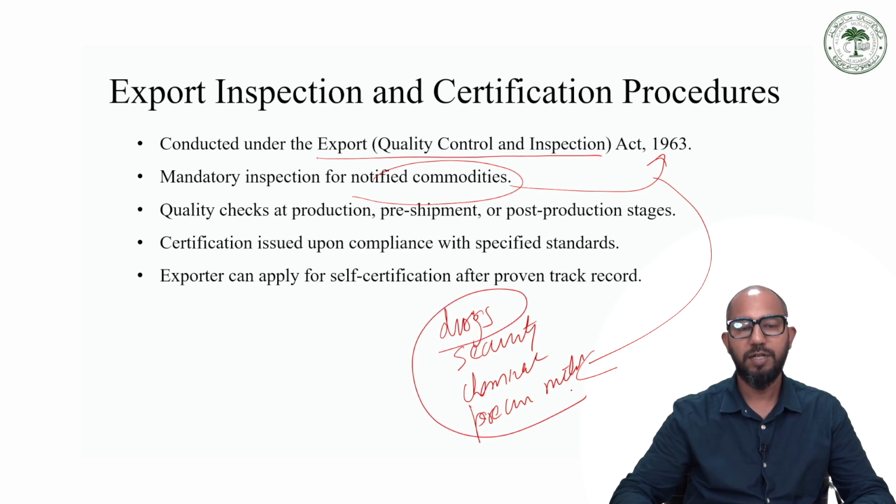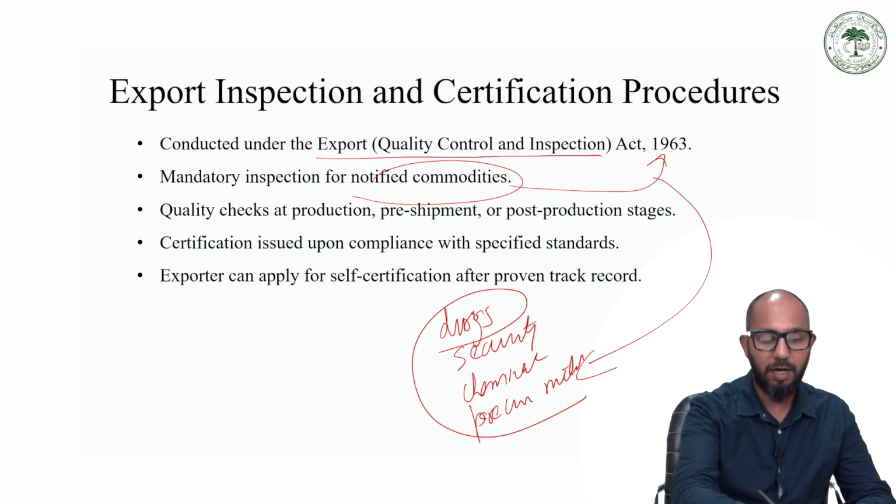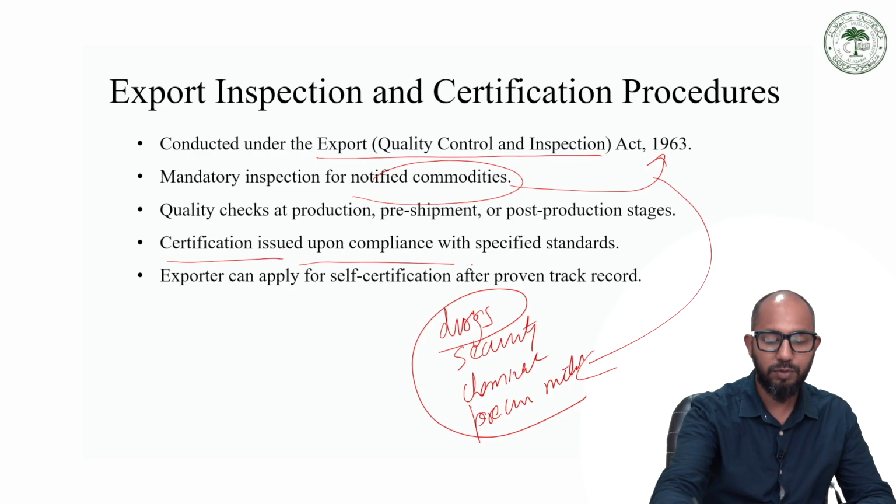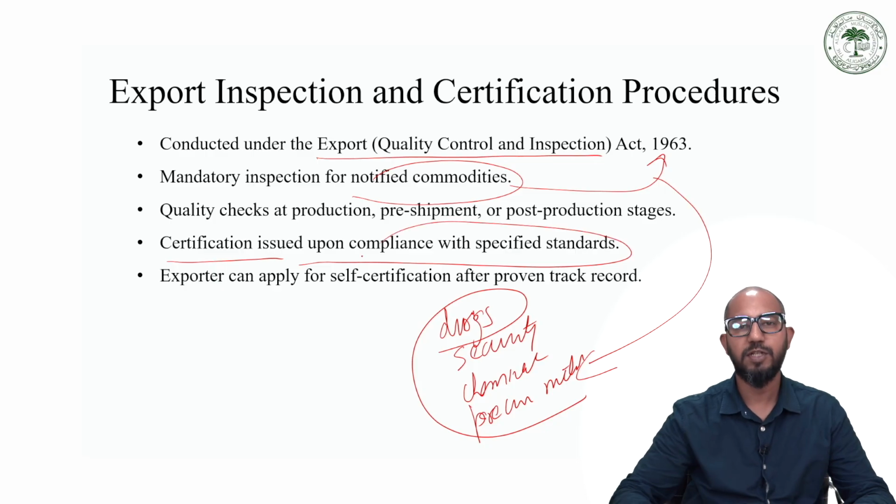Also, quality checks at production, pre-shipment and post-production stages are part of export inspection. On the other hand, certifications are issued upon compliance with specific standards. Certifications are also important because they reduce the need for inspections.